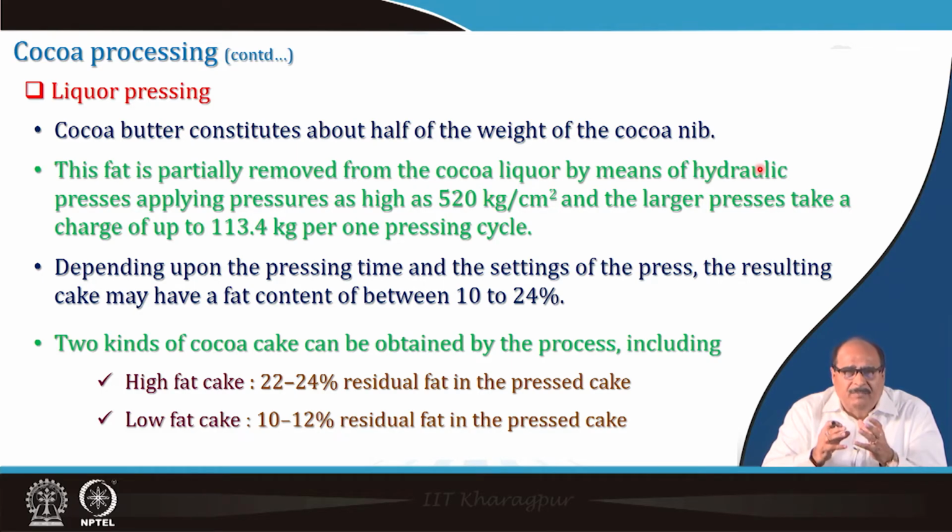So, in fact, it becomes economically unviable to lower the fat content in cocoa to less than 12%, and accordingly there are regulations made in the industry, BIS and ISI regulations, that it should be brought down to around 15 to 20% for high fat cake or low fat cake, etc. Depending upon the pressing time and the setting of the press, the resulting cake may have a fat content between 10 to 24%.